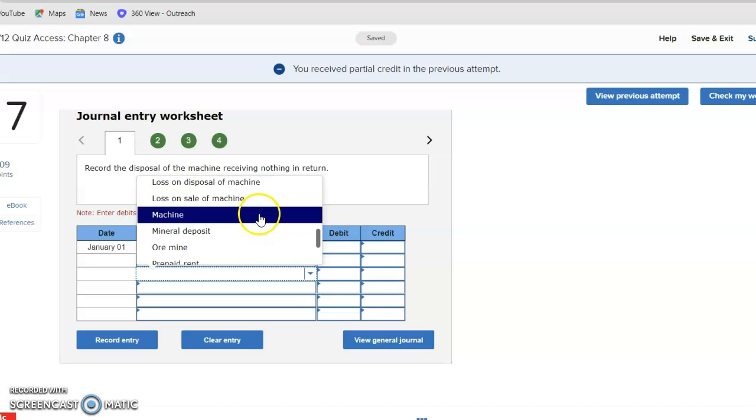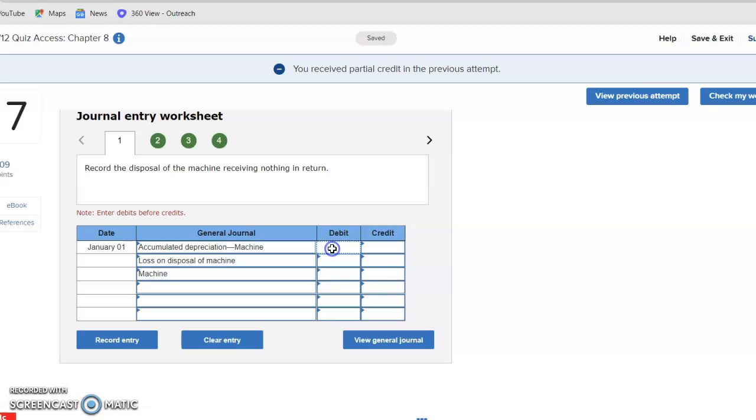So if you remember right on the Excel sheet, it's 94,100 and 32,300 and 126,400. So that should be that one.